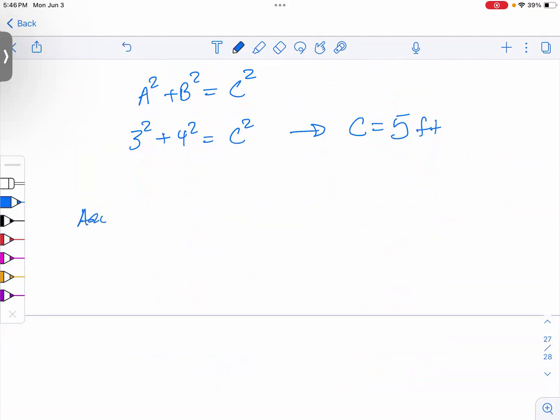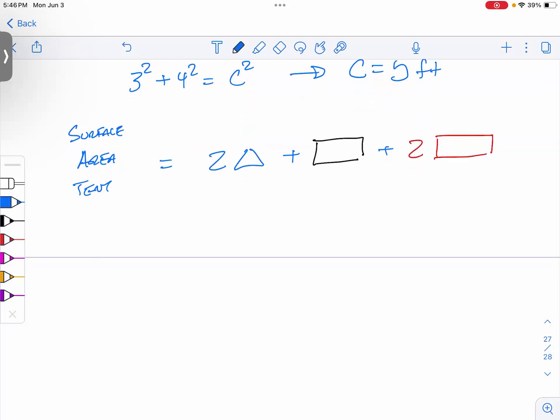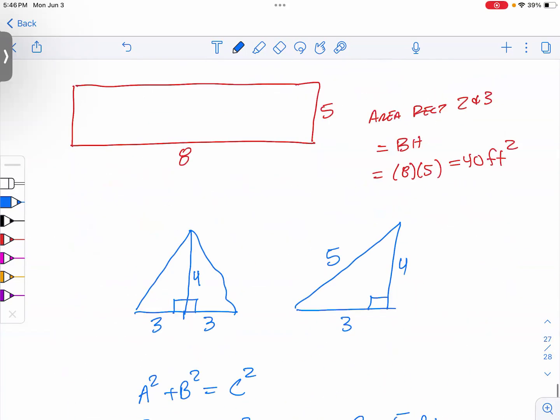So the surface area of the tent: we have 2 triangles plus the rectangle on the bottom plus 2 rectangles on the sides. The area of our triangle was 12.